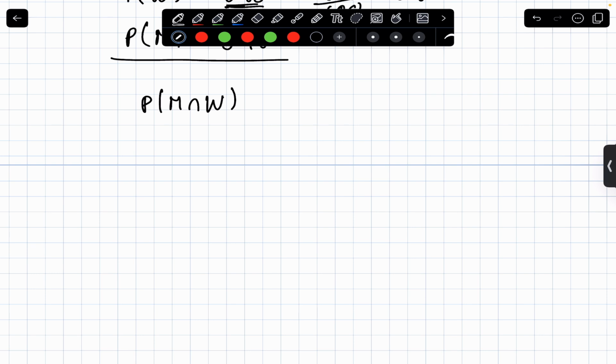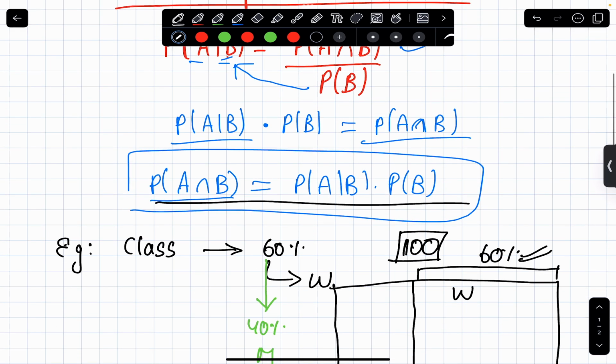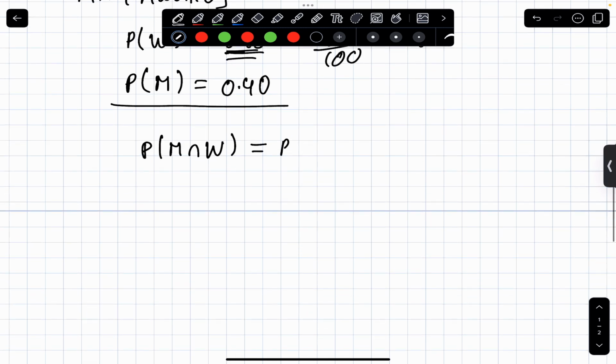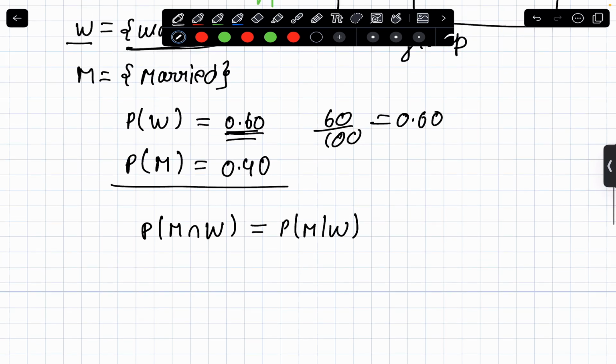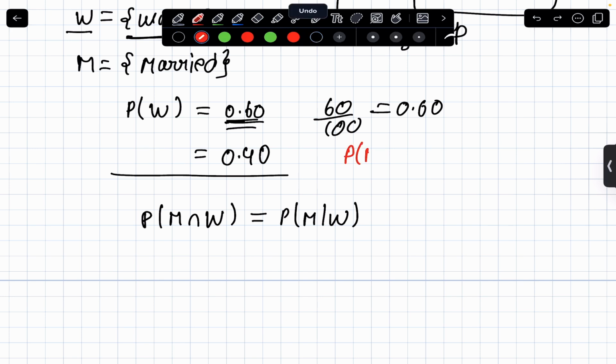And what we know from the above, we have got this equation. So we can easily put that the probability of a woman being married, given that she is a woman, is 0.4.